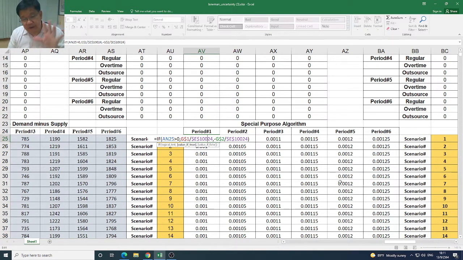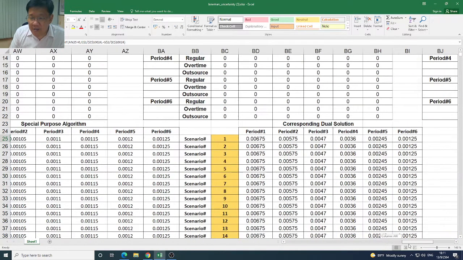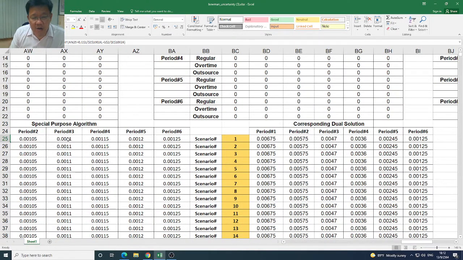This is pretty similar to what we did before according to the paper of Apisak, but just applied to fit with the Bowman model, which is a transportation problem. So now you have period 1 to period 6, and once you allocate the y value here, you can find the corresponding dual variable here.